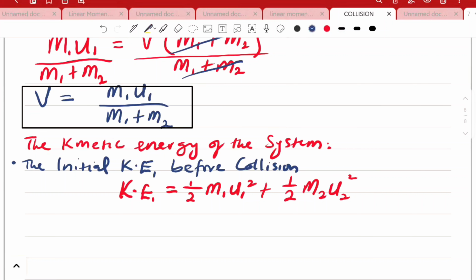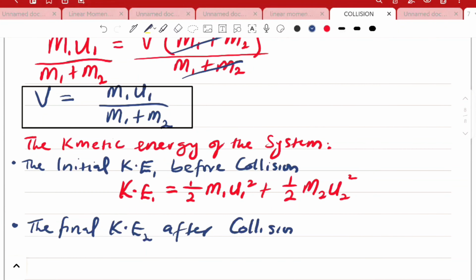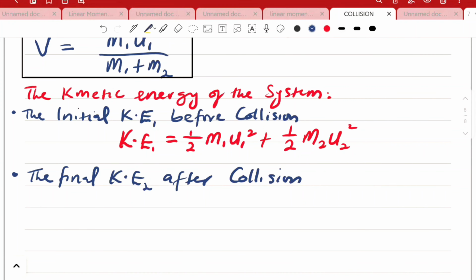Okay? Now, the second part, the final kinetic energy is denoted by KE2, which is after collision. After collision, of course, V will come in now. Hence, we have KE2 will equal 1 over 2 M1 V1 squared plus 1 over 2 M2 V2 squared.